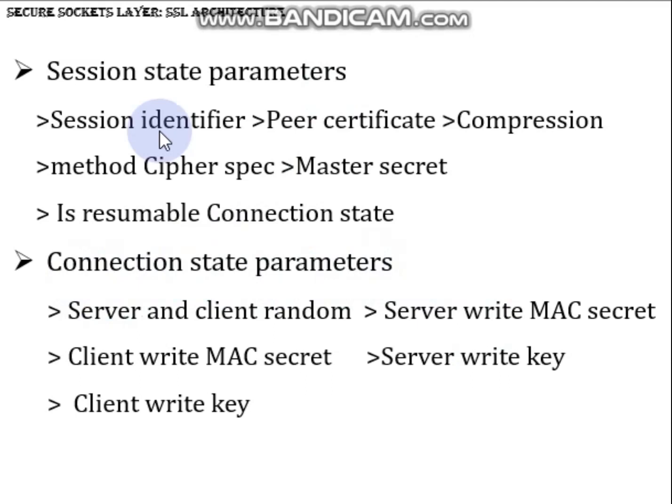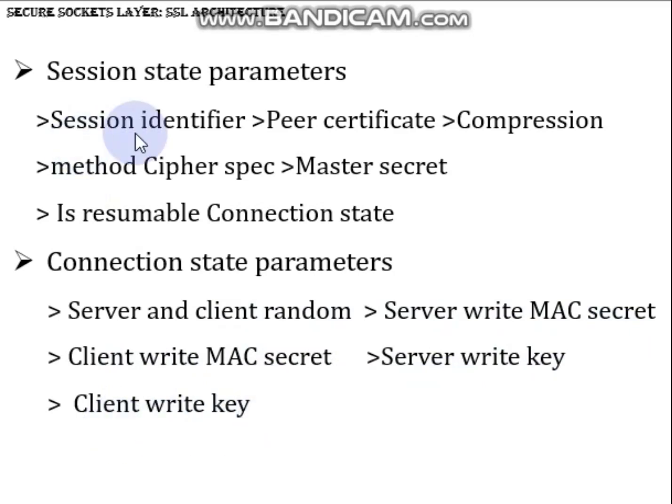A session state is defined by the following parameters: session identifier, peer certificate, compression method, cipher spec, master secret, is resumable. Connection state parameters are defined by the following: server and client random, server write MAC secret, client write MAC secret, server write key, client write key.